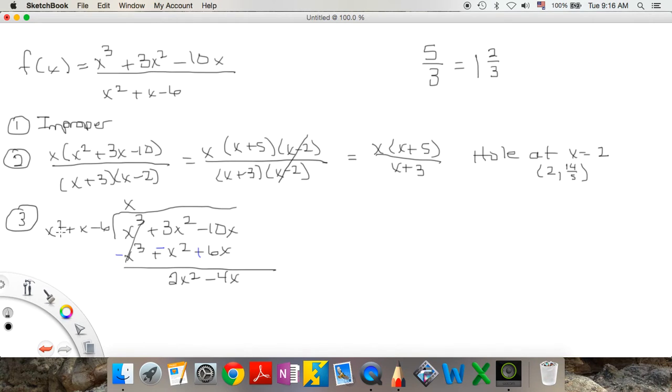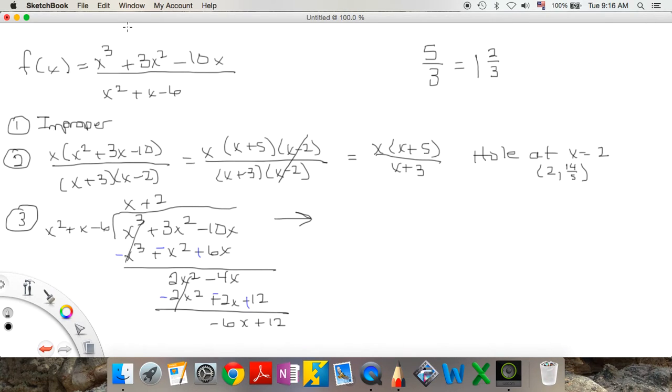So then how many times does x squared go into 2x squared? It goes in twice. So we have 2x squared plus 2x minus 12. And then we need to subtract all that. Those cancel. And this is what we're left with. So what does that mean?